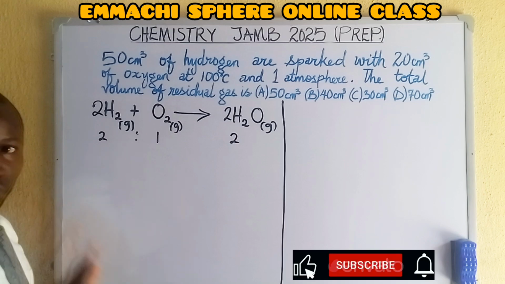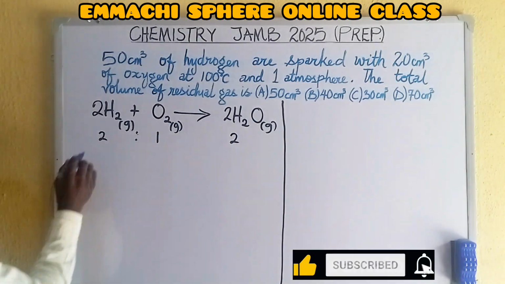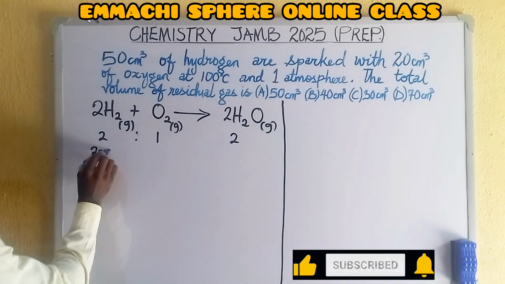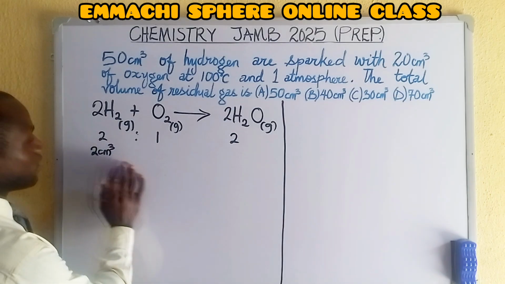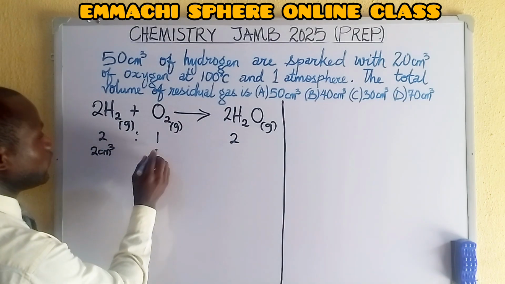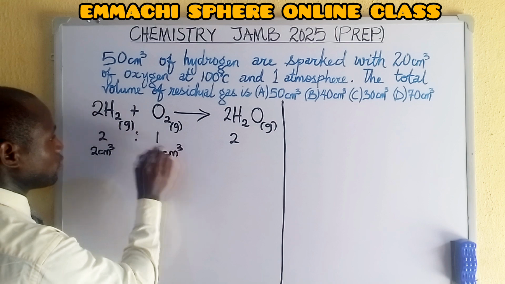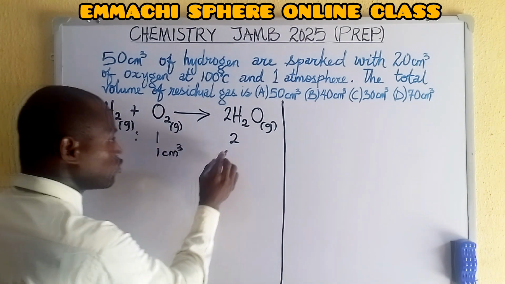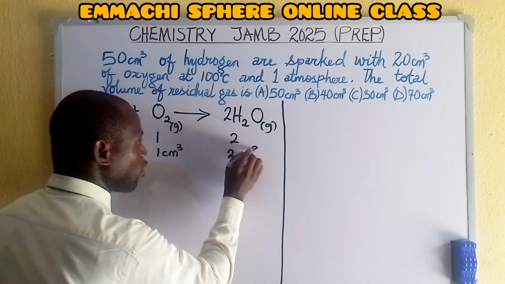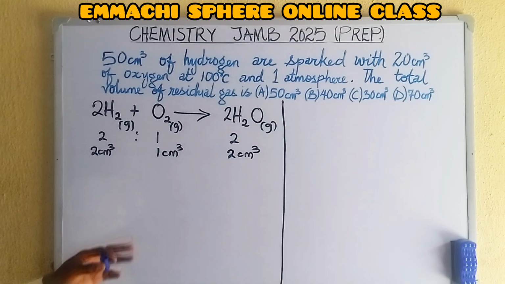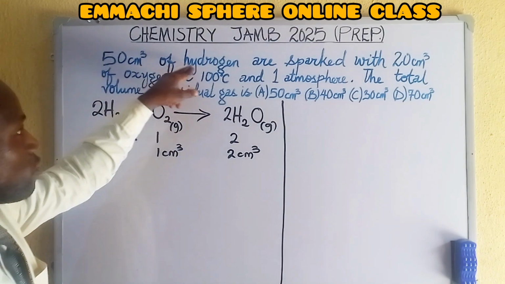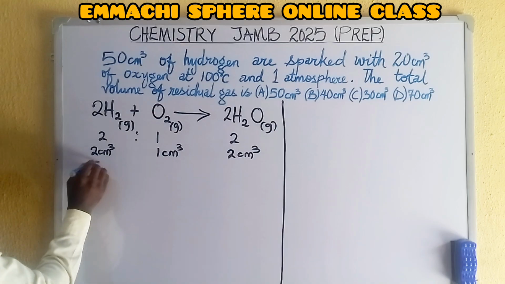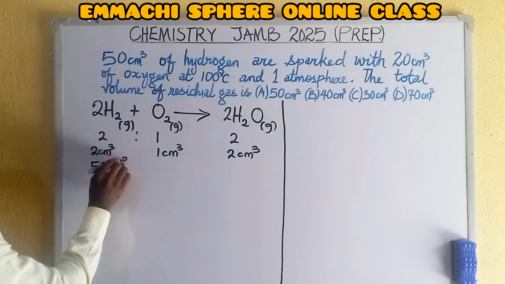Now according to Gay-Lussac's law, this means that 2 cm³ of hydrogen gas reacts with 1 cm³ of oxygen gas to produce 2 cm³ of gaseous water, or if you like, steam. But let's check what is given to us. 50 cm³ of hydrogen is given, so write 50 cm³ of hydrogen.